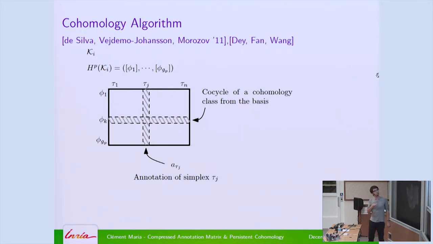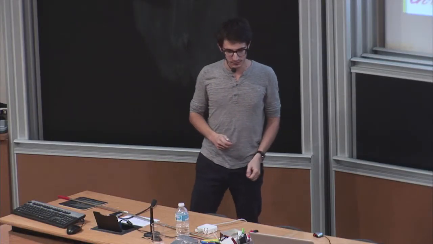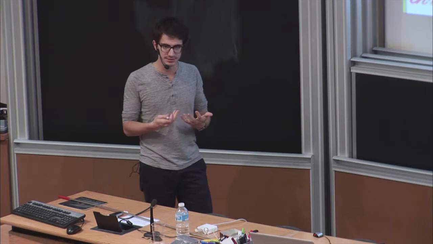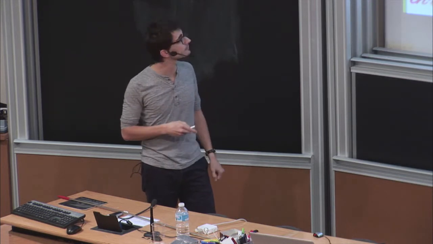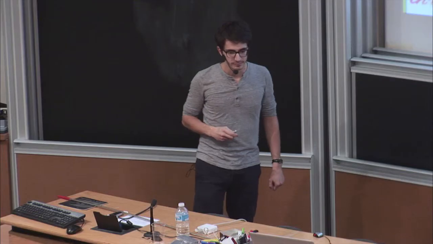And the rows represent cocycles that are dual objects to cycles. I won't go into the details again, but you can see them as cycles, and they attach to each simplex a value. So I will call a column the annotation attached to the corresponding simplex, and the rows will be cocycles.